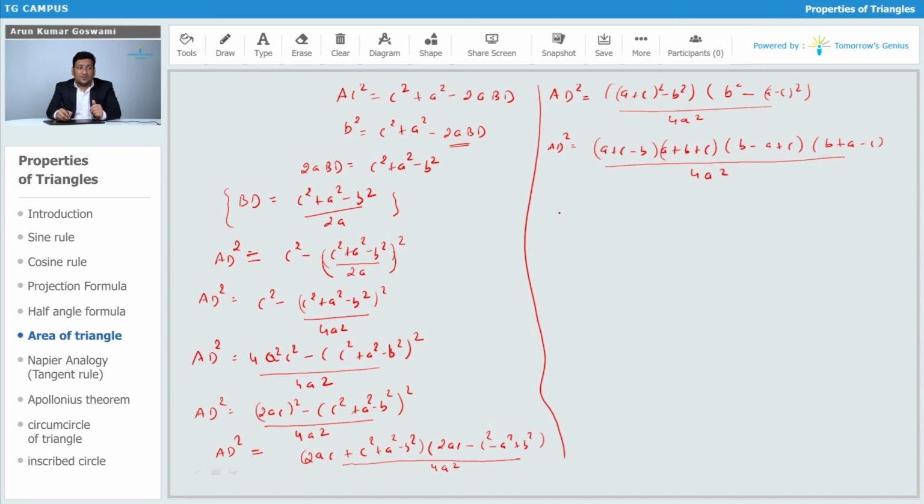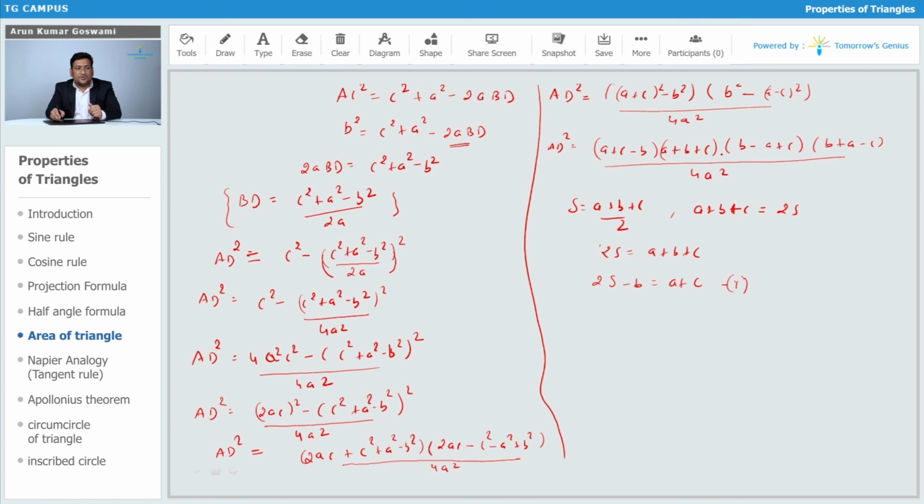Now what we got here is something related to A plus B plus C and A plus C minus B. We know already S, the semi-perimeter, is nothing but (A plus B plus C) divided by 2. We can write this also as A plus B plus C is equal to 2S. So from this I'm going to write a few equations. A plus C can be written as 2S minus B. This is one result from the perimeter.